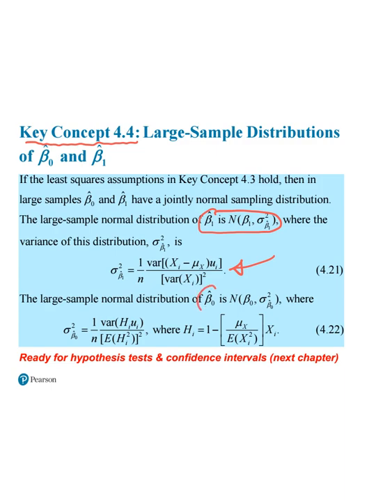Because again, every single time we collect a new sample, we're going to get different estimates for our beta naught parameter. So we're going to have this right here being the variance, and H right here is defined as this amount right here. Again, calculating this by hand is nothing that we want to do, and not for the faint of heart.